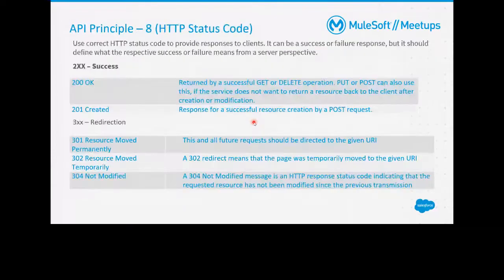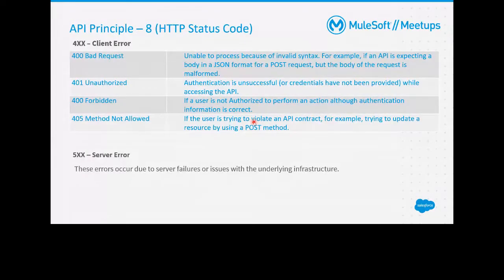There's some correction here: it's 405 method not allowed, and it's 403 forbidden, since 400 is already a bad request. Sorry, those are typos. Continuing with 405, as I said, if the user is trying to violate any API contract, then you will get a 405 not allowed.